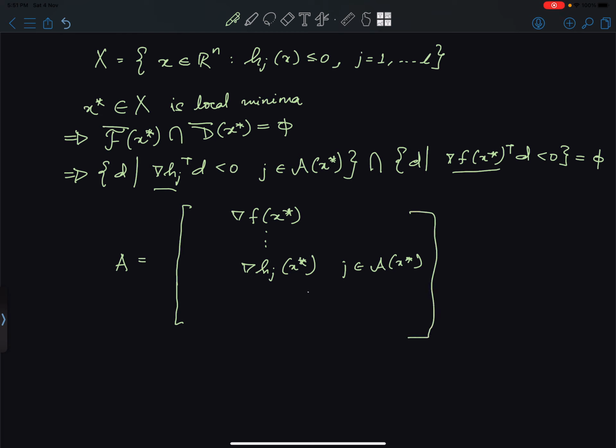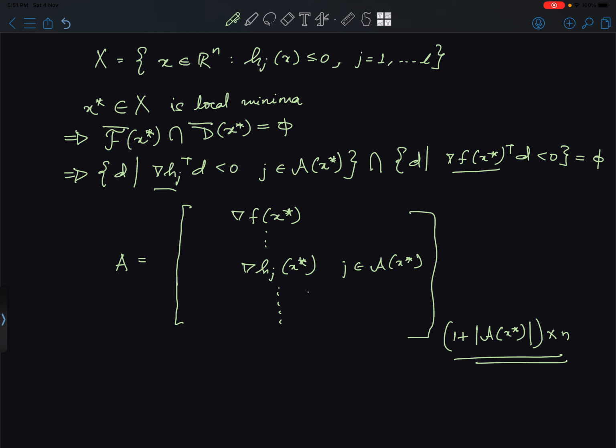Fine. And obviously the number of rows in this will be 1 plus the cardinality of the active set of x star, times n. This is the dimension of the matrix.